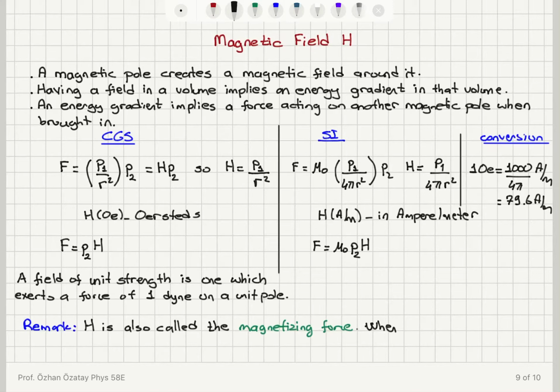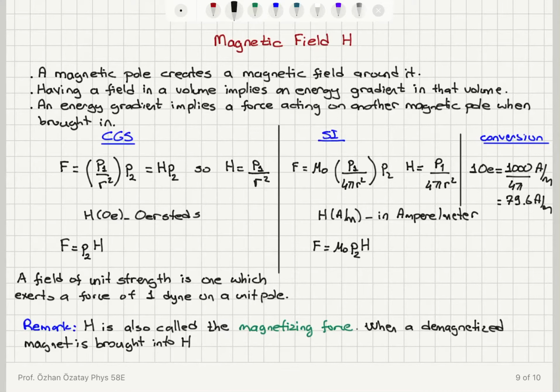When a demagnetized magnet is brought into H, we will talk about demagnetization in more detail, the poles of the magnet will feel this force, so they will separate into north and south poles.